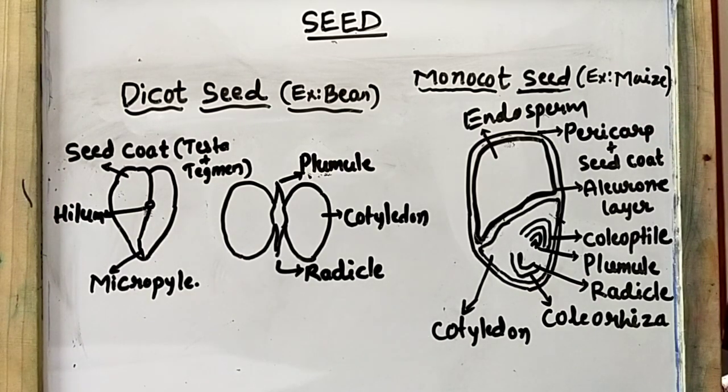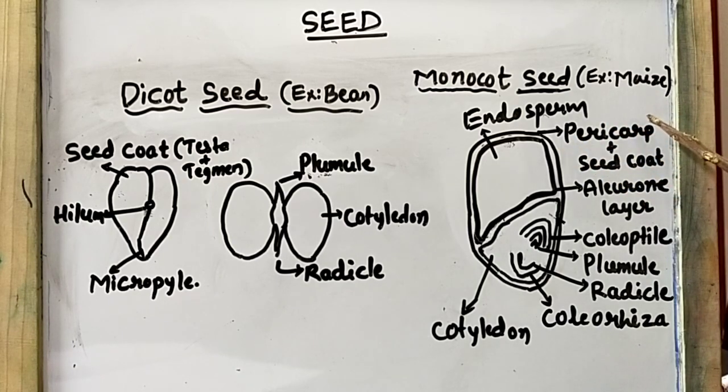Grain. It is known as a grain if the fruit is single seeded and there is no differentiation between the fruit wall and the seed coat. Here, the pericarp is the fruit wall, whereas the seed coat is present together with it; they are fused together.